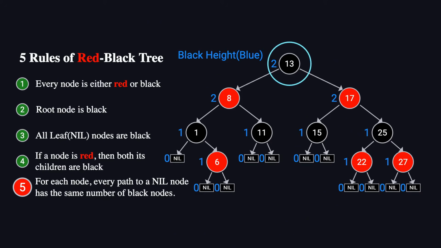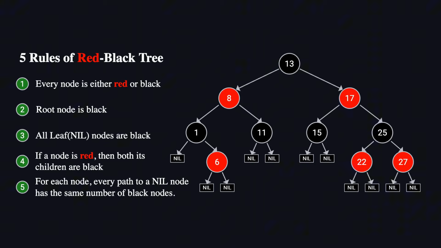The root node 13 has a black height of 2, meaning every path from 13 to a nil node contains exactly 2 black nodes. The red node 8 also has a black height of 2, while the black node 25 has a black height of 1. Since this condition holds for all nodes in the tree, the 5th rule is satisfied. In summary, this tree is a valid red-black tree.